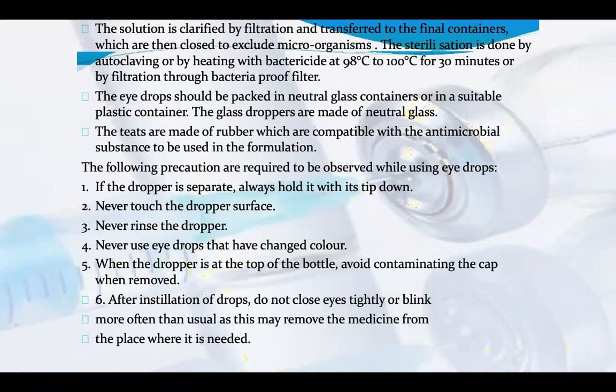The eye drops should be packed in a neutral glass container or a suitable plastic container. The glass droppers are made of neutral glass. The teats are made of rubber, which is compatible with the antimicrobial substances used in the formulations.